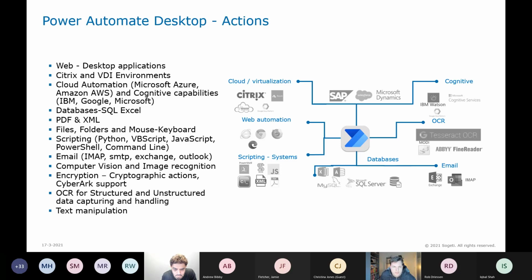There are some Microsoft Azure things in there. For instance, there are also the computer vision capabilities from Microsoft Azure. Some AWS stuff as well. You can interact with databases. You can have PDF actions, etc. There's all kinds of things in there. You can see a lot of actions that are really valuable.